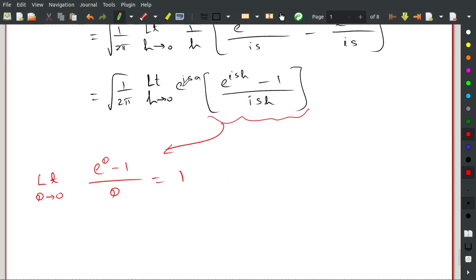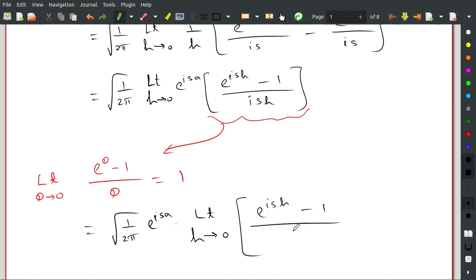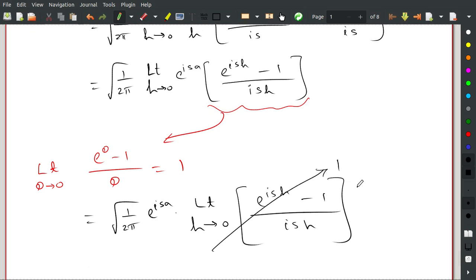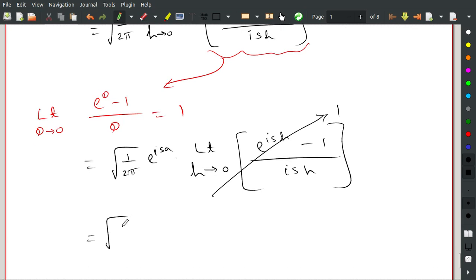So we can take this e power isa outside of the limit, and we have root of 1 by 2 pi e power isa into the limit h tends to 0 of e power ish minus 1 divided by ish, and this is nothing but 1. Therefore we have root of 1 by 2 pi into e power isa. Okay, so that's our result.